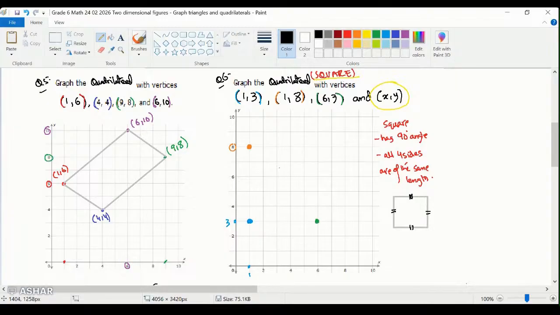Agreed? So if I say this was the first point, that was 1 comma 3, this was 1 comma 8, what is the height difference over here? If I join these 2 points together, agreed? So what is the difference in the height? 8 was the height here, 3 was the height here. 8 minus 3 means 5 is the height, right?